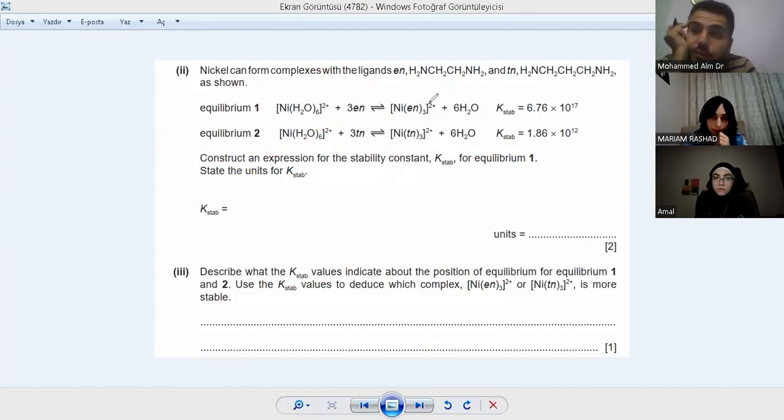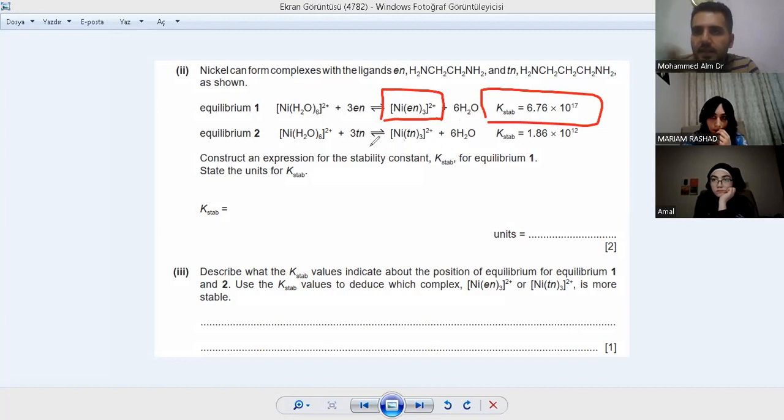So from Kstab, we understand that for both equilibria, the reaction goes more to the right. And this complex is more stable as it has a larger Kstab value. That's it, we're done. We get the 1 mark. Okay, guys, and by the way, here they need the units. We did this one also.